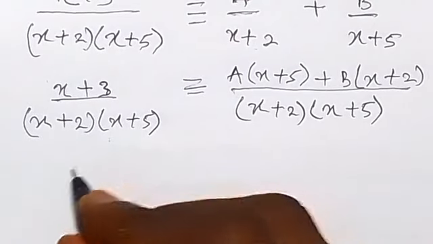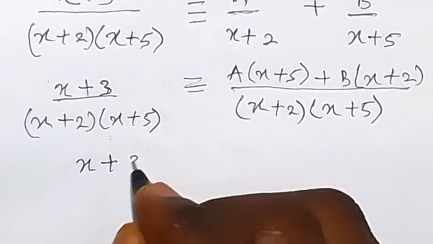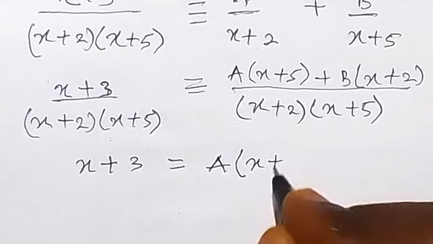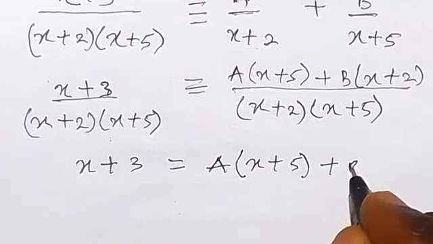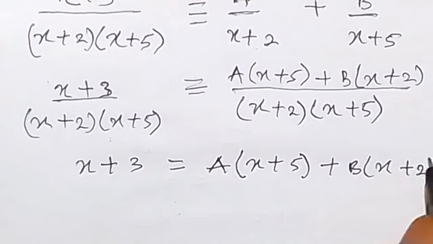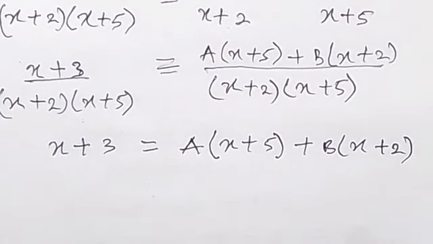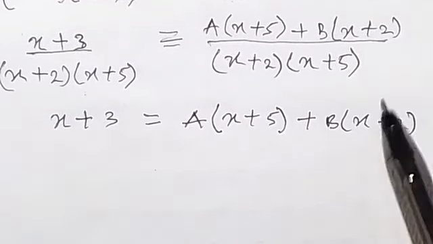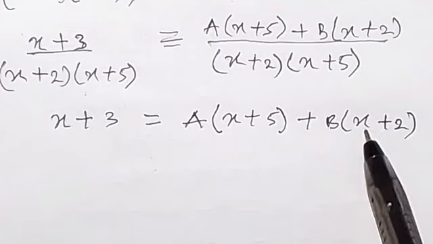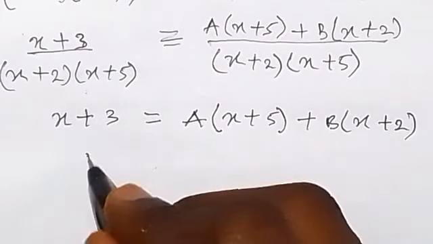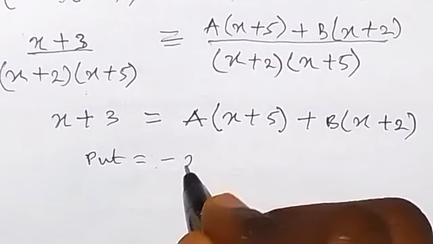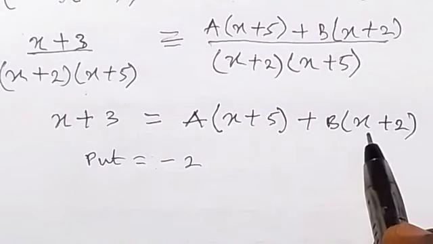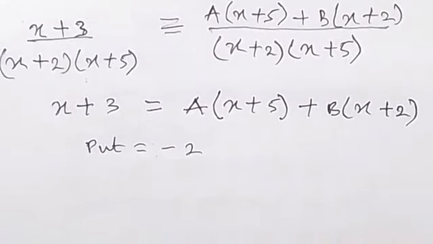We can now equate the numerators and say x + 3 equals a times (x + 5) plus b times (x + 2). And from there we can solve for a and b. If we are solving for a first, we can eliminate b by putting x equals minus 2 in this equation, so that we can eliminate b. It will be minus 2 plus 2, that will be 0, then b will be 0 there.